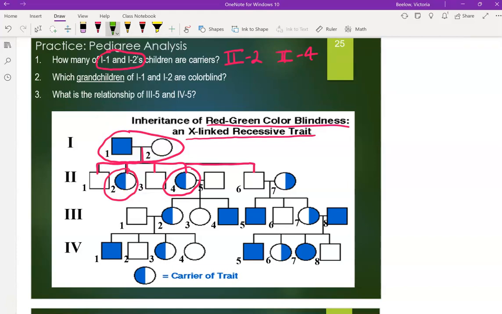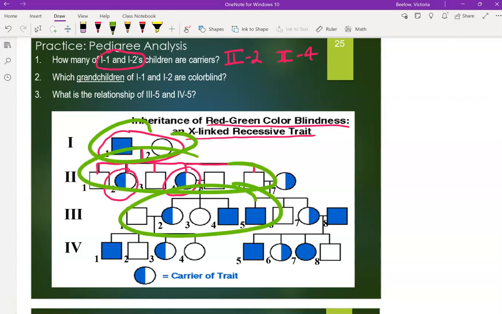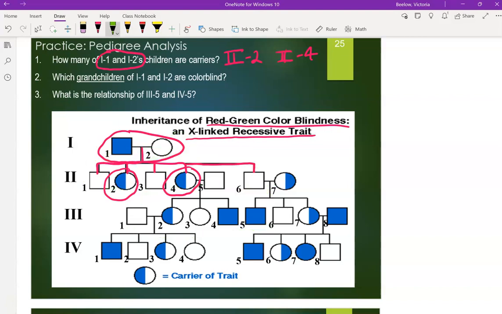The next question is asking which grandchildren of the same couple are colorblind, okay? Well, we just traced all of their children, right? So it's asking about their grandchildren. So if these are their children, we have to look at their children's children. So out of their kids, these guys had children, and then this guy had children.